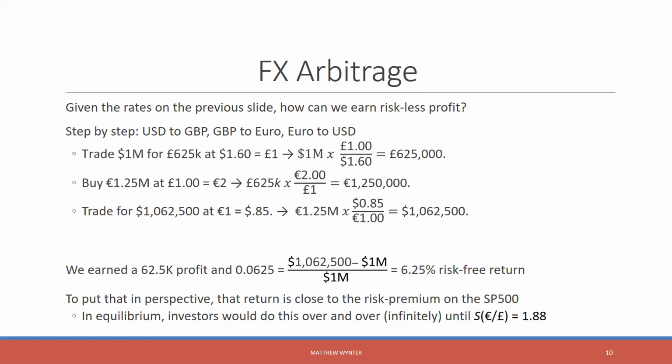Because again, as we saw in the previous slide, it should be that £1 is worth 1.88 euros, but we're finding £1 is worth 2 euros. So let's plug it in. We plug in our 625K, and that yields 1,250,000 euros. Our last step will be to convert those euros back to dollars.